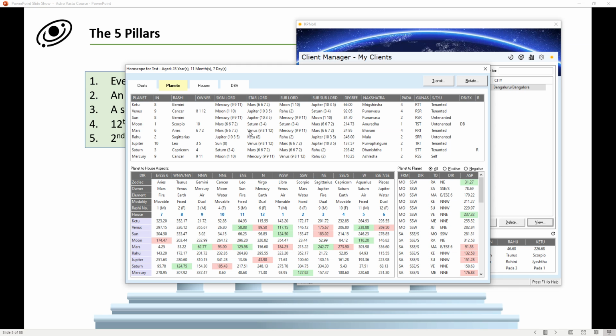Star lord here in this case is Venus. Of course there are exceptions, there are additional rules which will depend on the context, but in general the first rule says every planet will give the results of its star lord. If I take Venus for example, Venus will give the results of Jupiter under the star lord column.